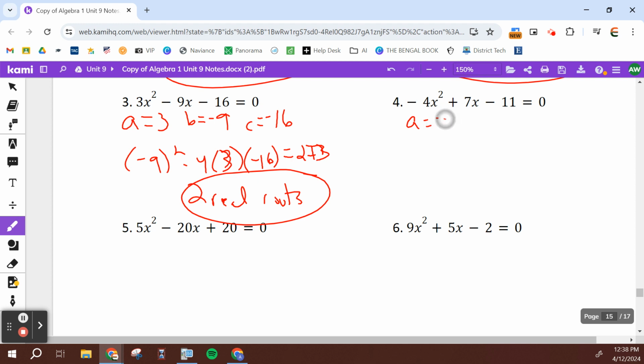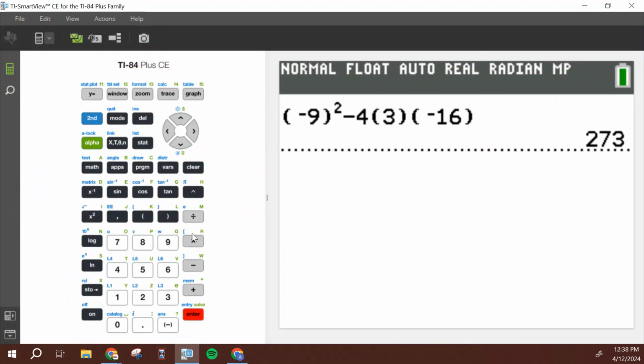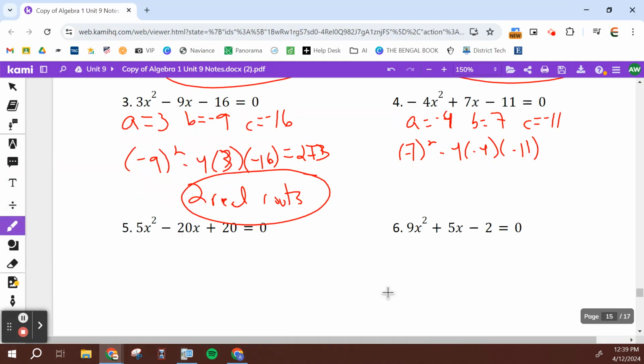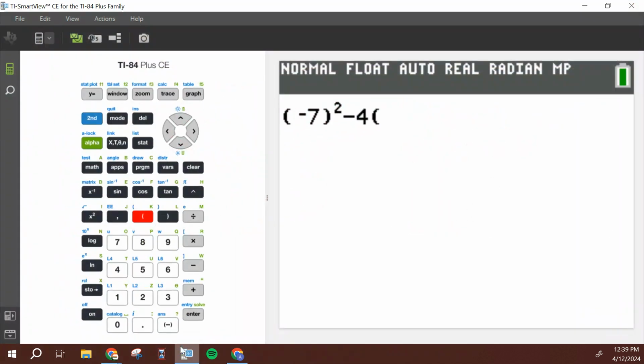So here we're at A is negative 4, B is 7, C is negative 11. So we have 7 squared minus 4 times A is negative 4, C is negative 11. So just plugging it in again. Clear it out. We have 7 squared minus 4 parentheses negative 4, parentheses negative 11.